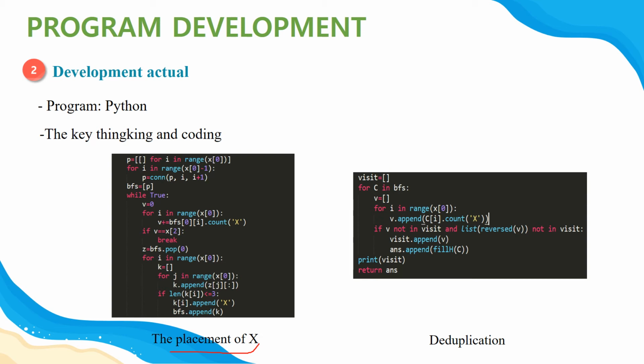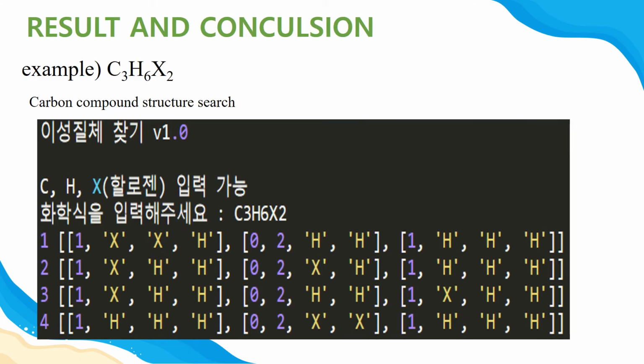Second, the duplication is coded to eliminate the duplicated structures in every possible case. This shows the program execution screen. In fact, it shows 4 possible structures through the program, and you can check each structure by pressing each number.